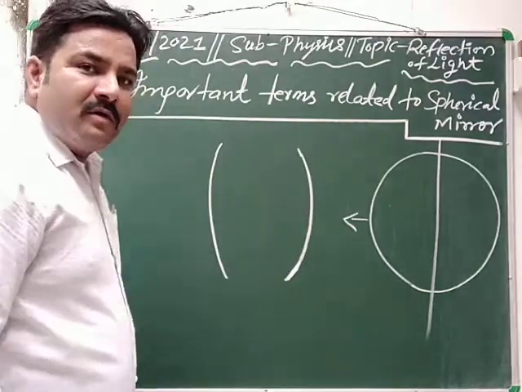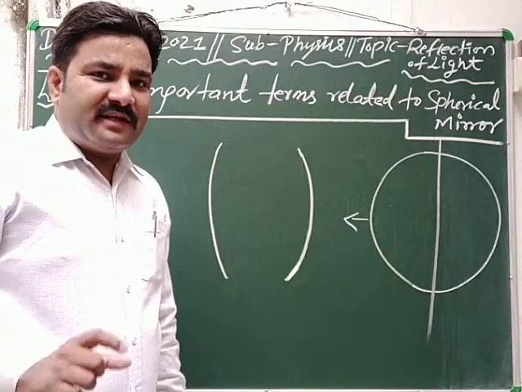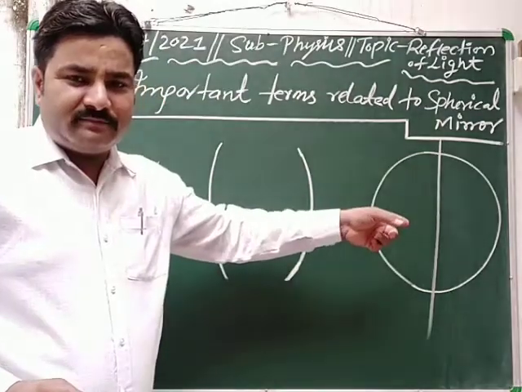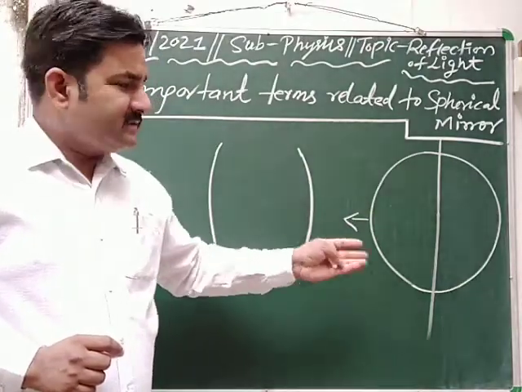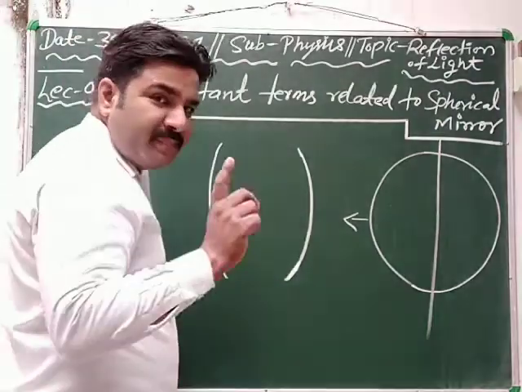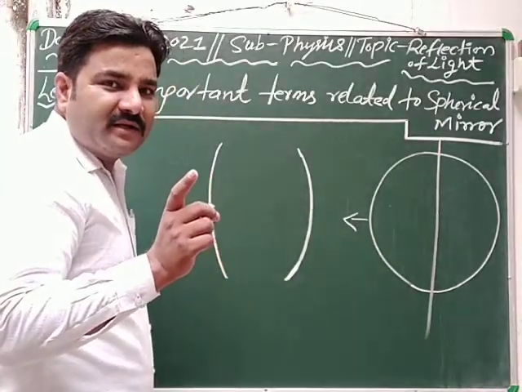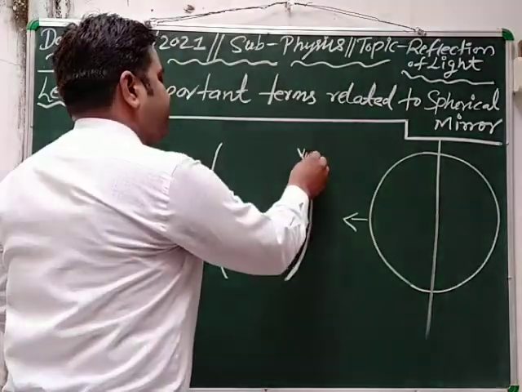So these are the two types of spherical mirror obtained from a hollow sphere of glass, when we cut it in two halves and adjust the shapes just like this, and paint it red after silver coating in this way.